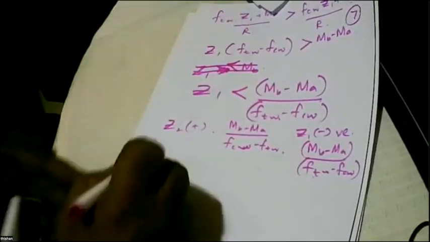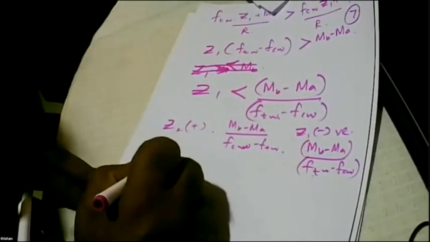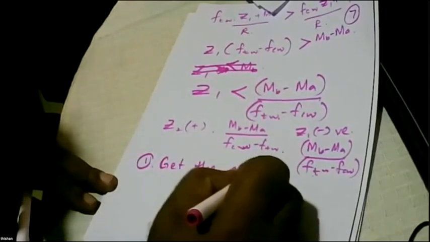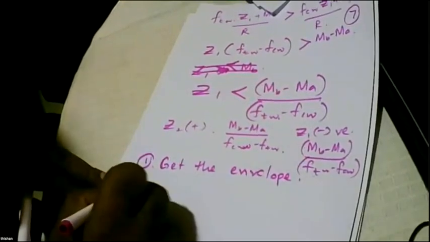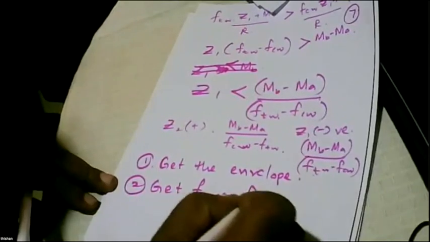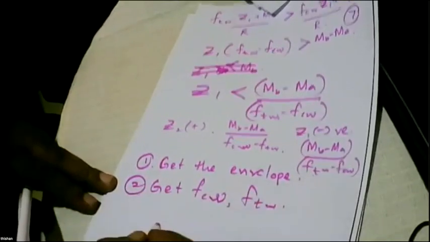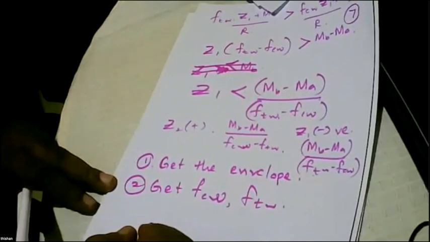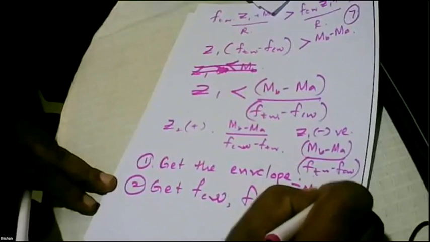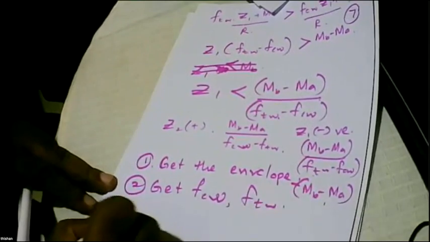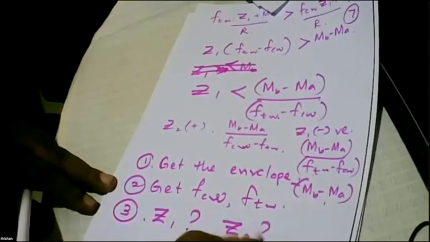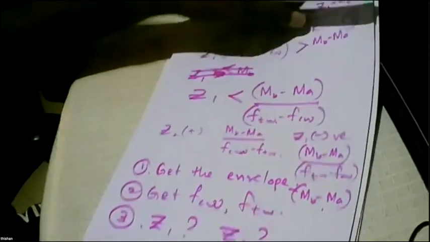So which means, get the envelope, get FCW and FTW. When you say get the envelope, that means you know MB minus MA. You straight away know what is Z1 and Z2. So what am I going to do?